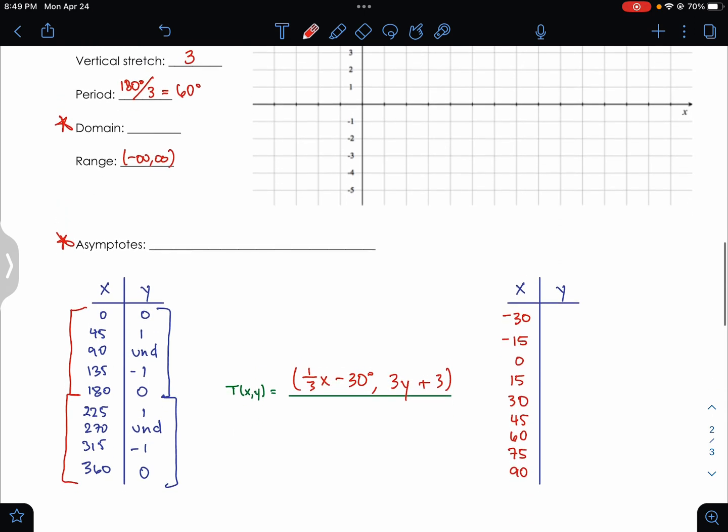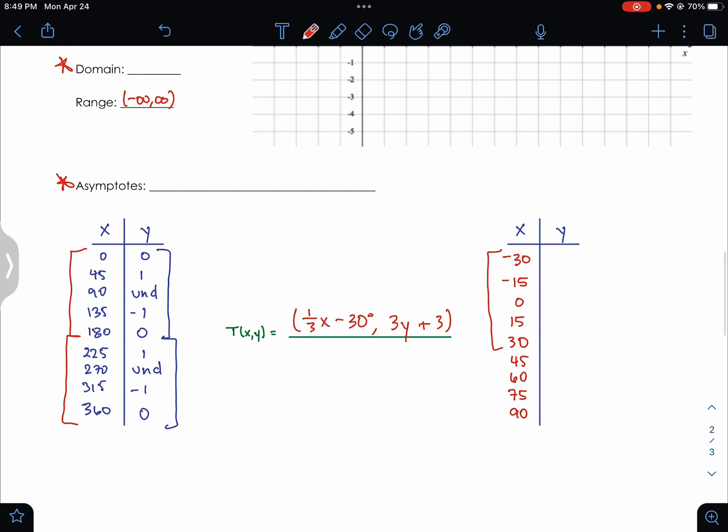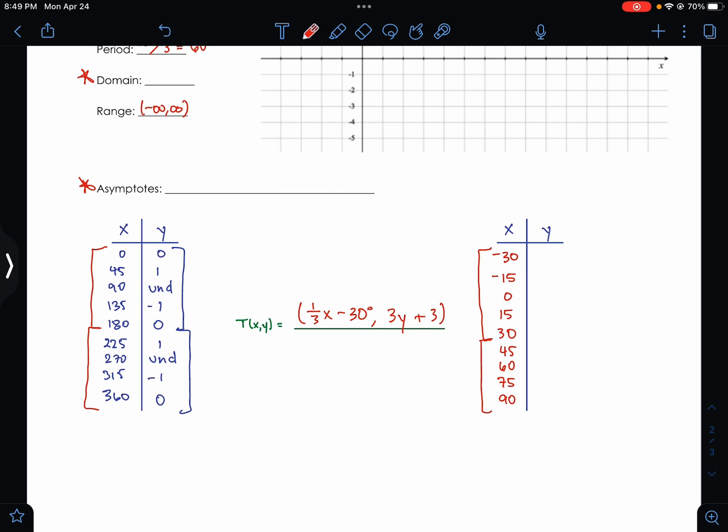So let's see. We have 1 period right there. And then we're going to need another period here that goes from 30. Nope, that's good. 30 to 90 is 60 degrees long. So that should be all of our points that we need. So let's see, we have -30, figure out this y value.